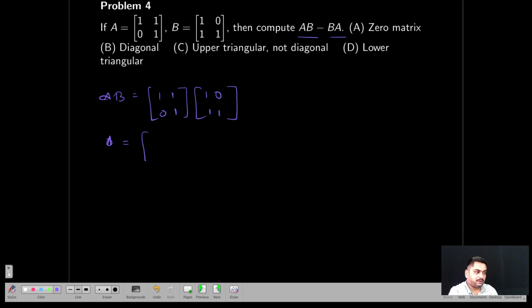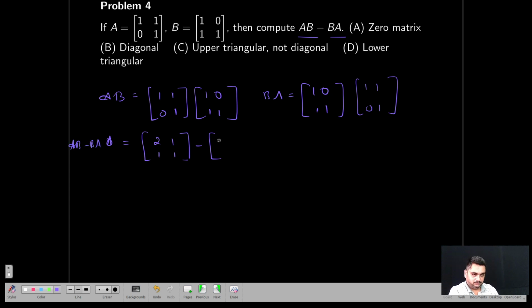If you calculate, I will get AB as [2 1; 1 1]. Similarly, BA is [1 0; 1 1] times [1 1; 0 1]. So this is AB minus BA. BA will be [1 1; 1 2].